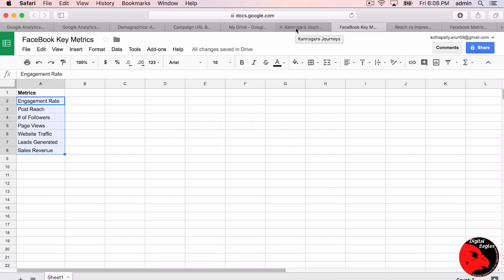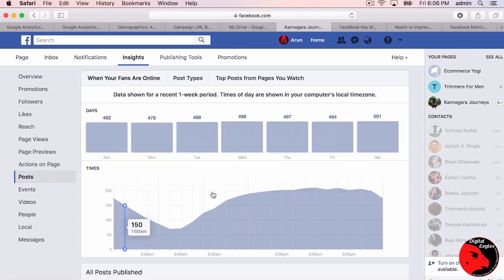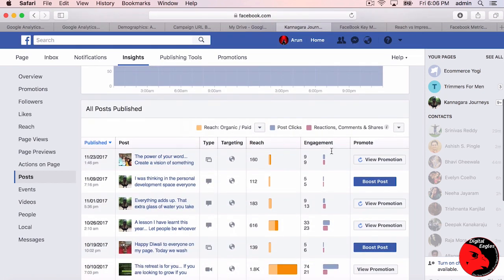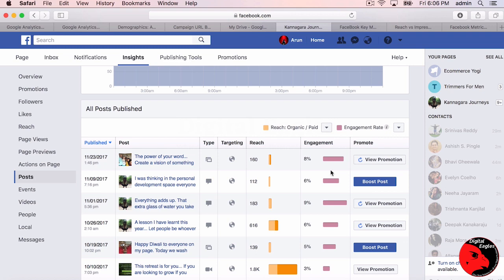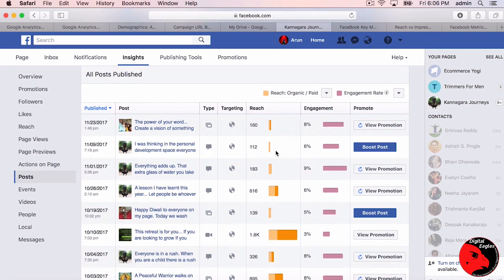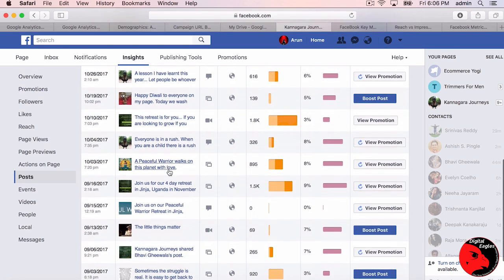In order to find out the engagement rate, we have to go to posts, and then we should select this drop down and click on engagement rate. So you will see which of those posts got the highest engagement rate. This particular post has got a high engagement rate of 8%, this got 9%, which is again high, and this again has 9%.